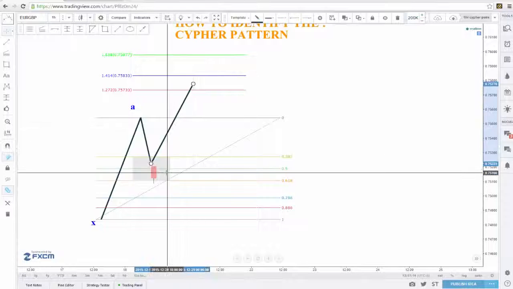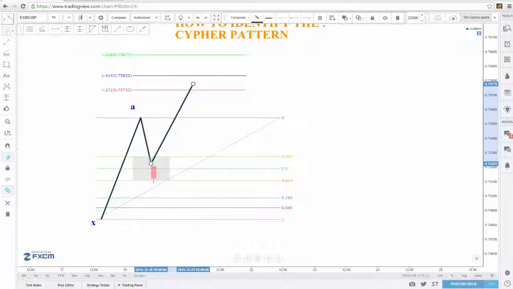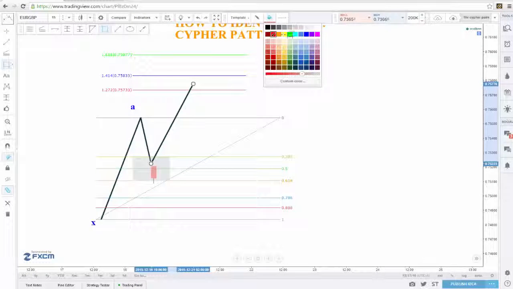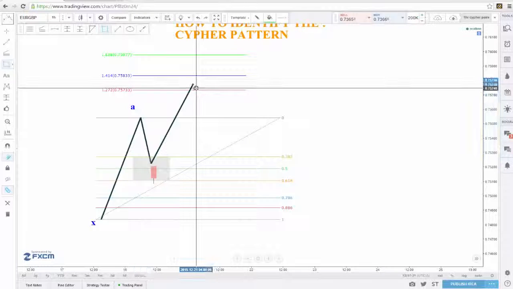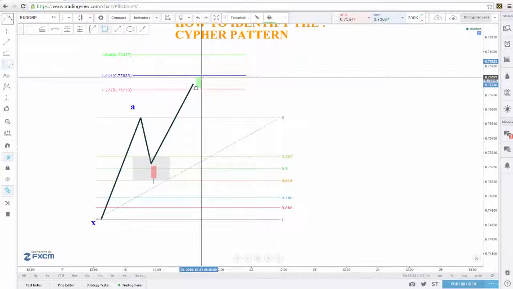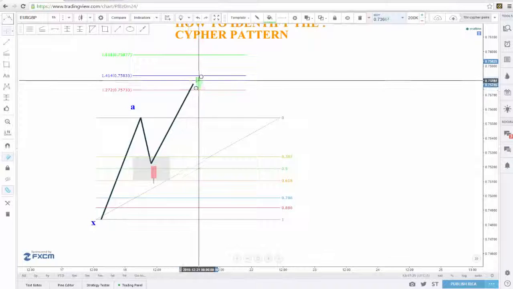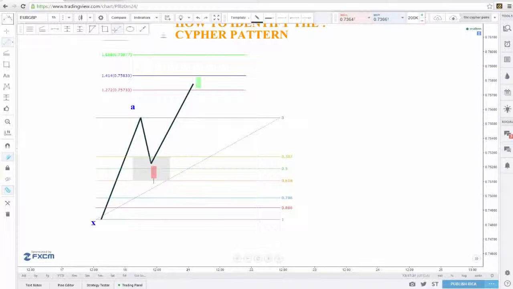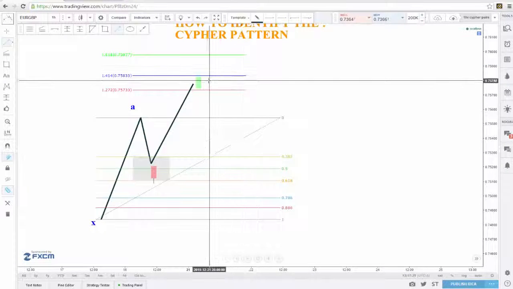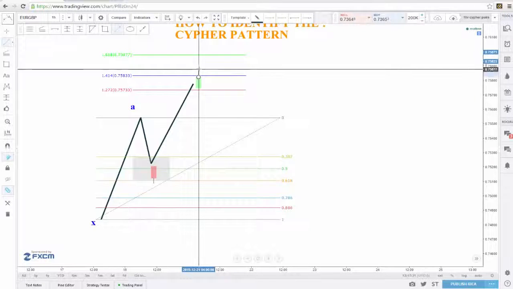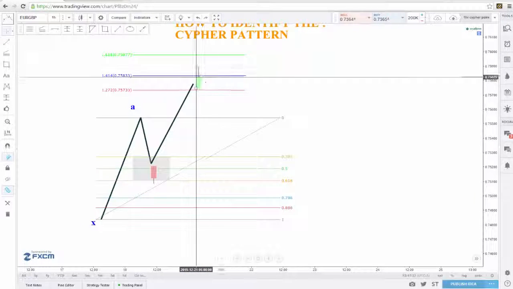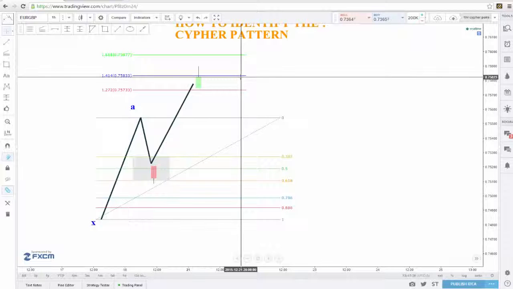So using the same example we did down here, this candle can come up to close at the 1414, and as long as it does not close above the 1414, even if we have a wick that comes up like this, that is still a valid cipher pattern.